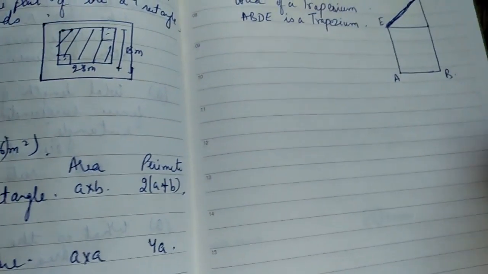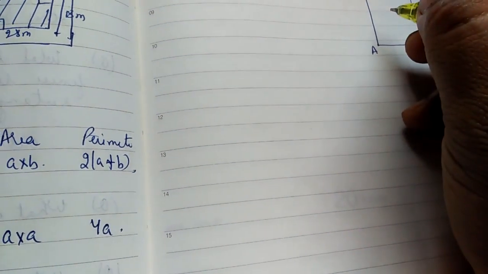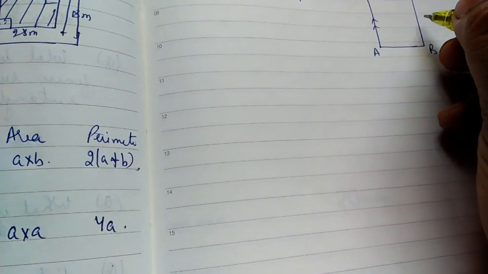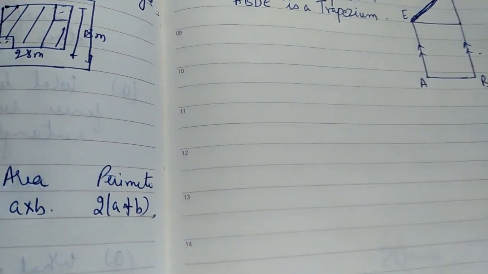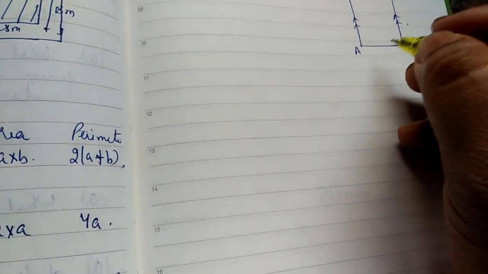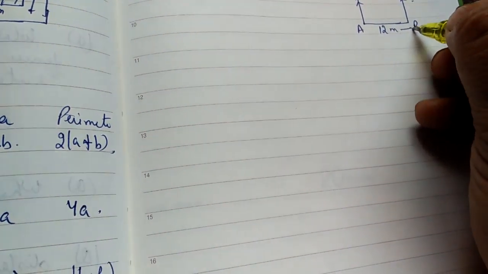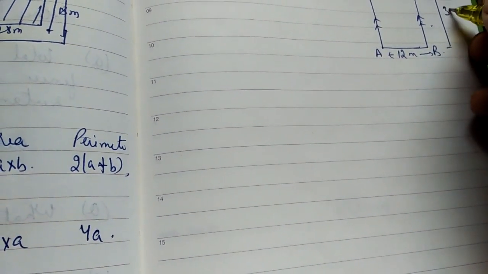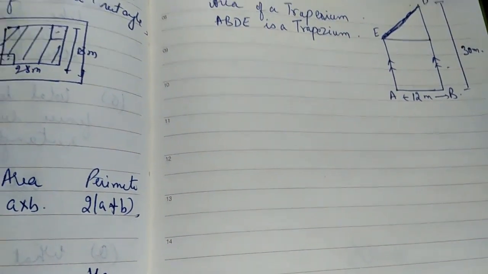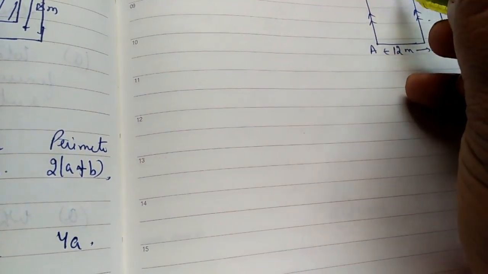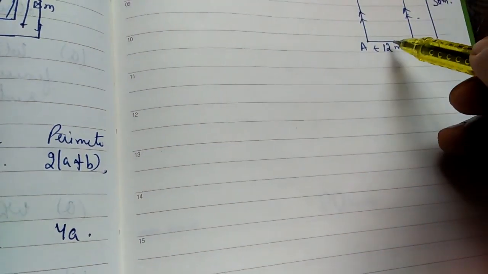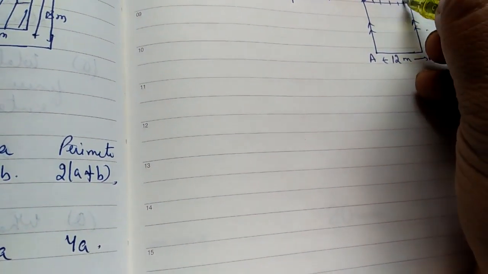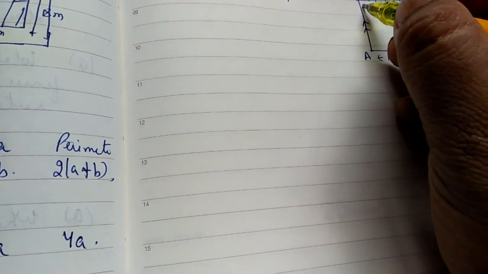Okay, so AE is parallel to BD. Okay, AB is 12 meters, DB is 30 meters. Okay, so now if we construct EC which is parallel to AB, this is also equal to 12 meters.